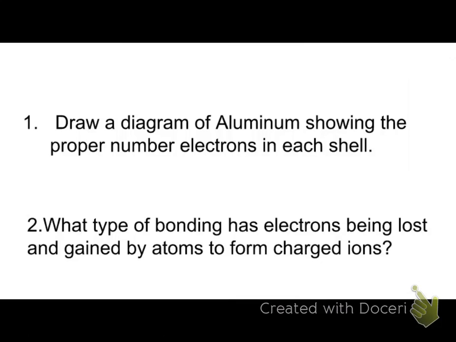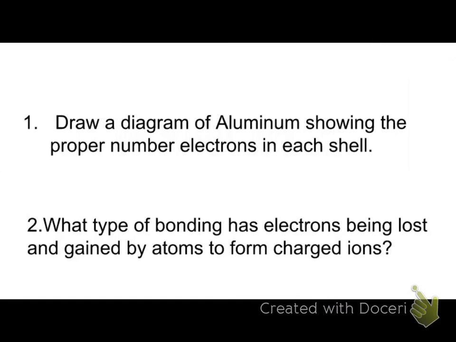What kind of bonding is that? First, draw a diagram of aluminum showing the proper number of electrons in each shell. And second, what type of bonding has electrons being lost and gained by atoms to form charged ions.